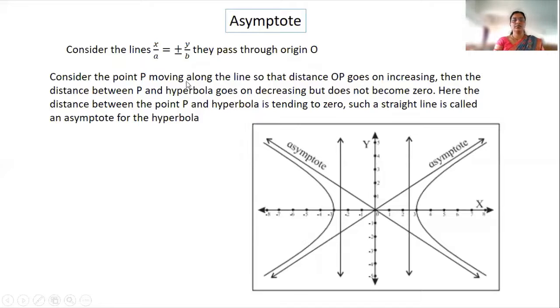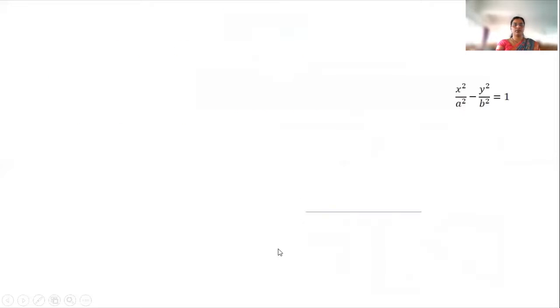Then the distance between P and hyperbola goes on decreasing but does not become 0. Here the distance between the point and the hyperbola is tending to 0. Such a straight line is called an asymptote for the hyperbola. These two lines are asymptotes of the hyperbola.